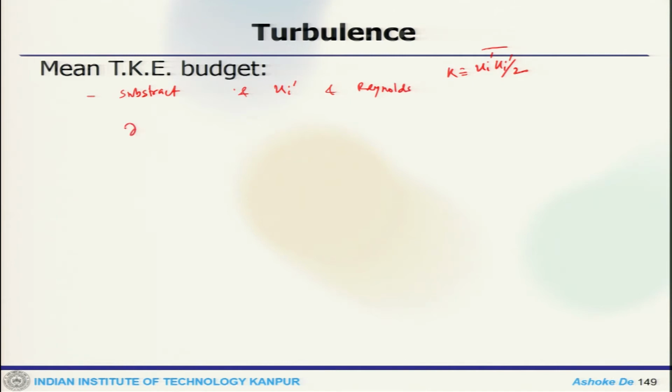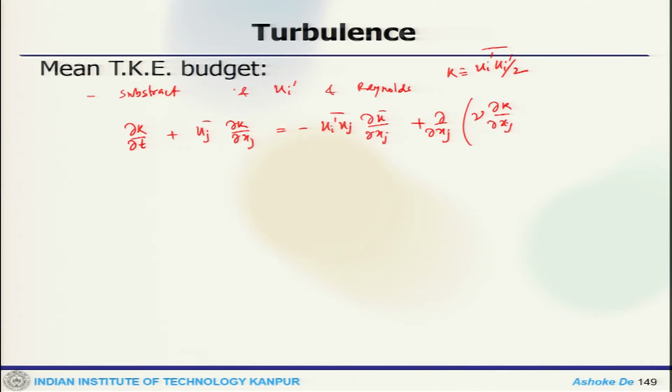So, what we get is del k by del t plus uj del k by del xj equals minus ui prime uj prime del ui by del xj, plus del by del xj of nu del k by del xj minus uj prime half ui prime square minus 1 by rho p prime, minus nu del ui prime by del xj whole square, bar.